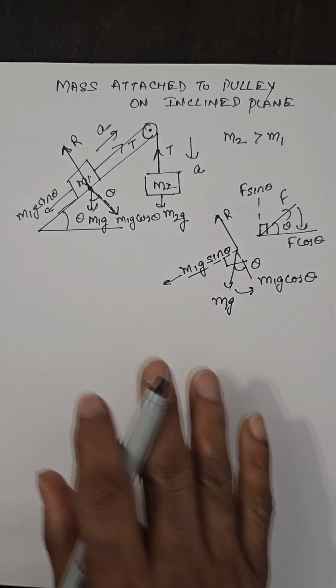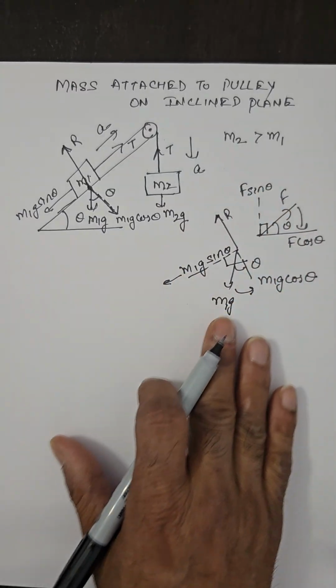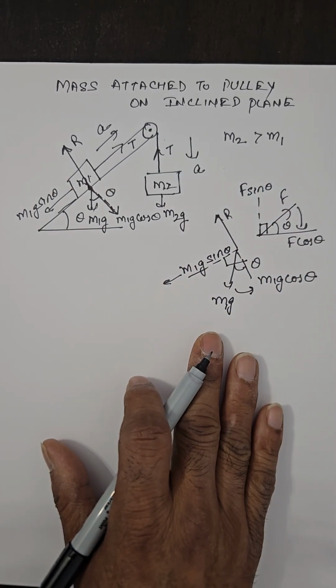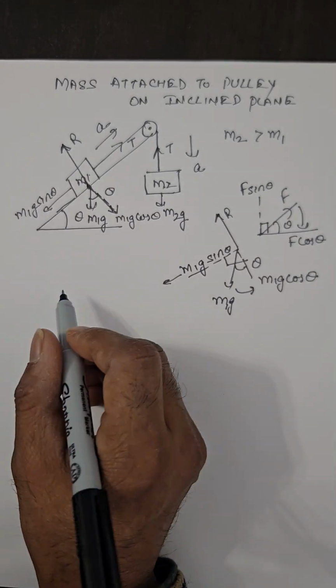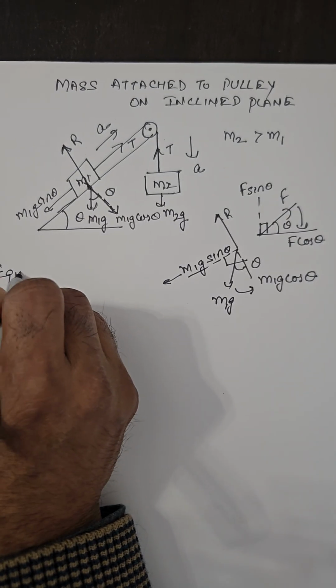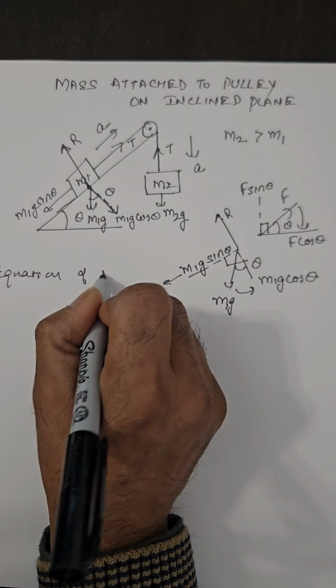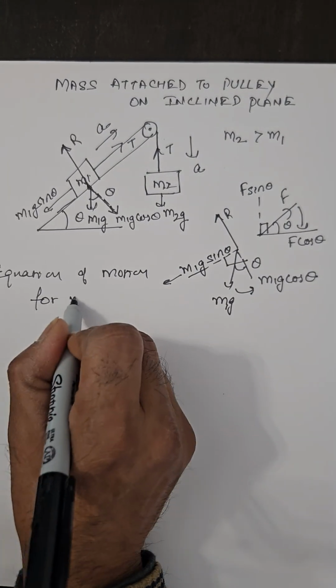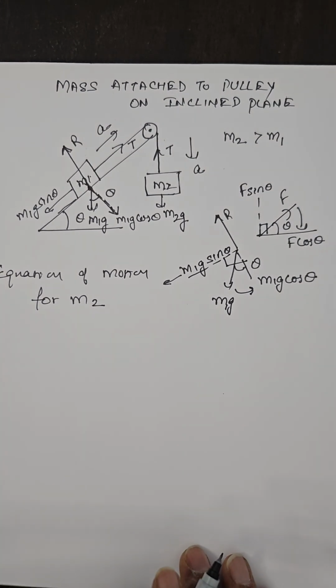So once we know everything related to the problem, we can easily solve the equation of motion, right? So let us write the equation of motion. First of all I will write for m2.